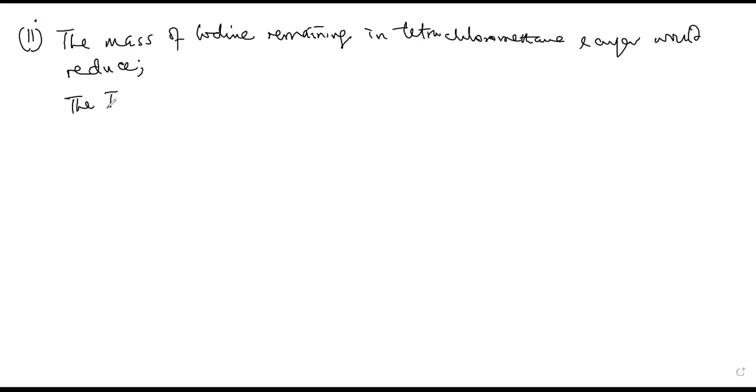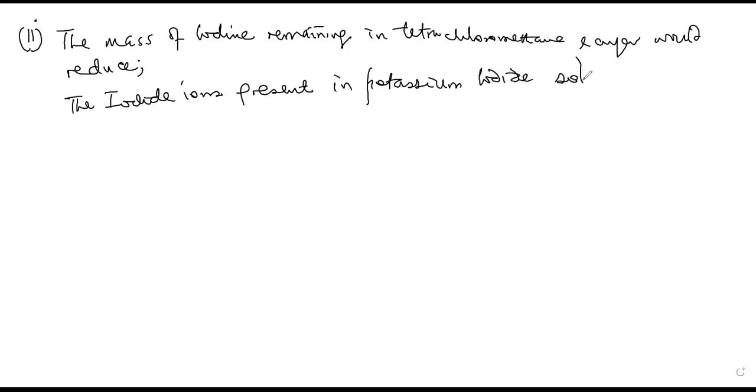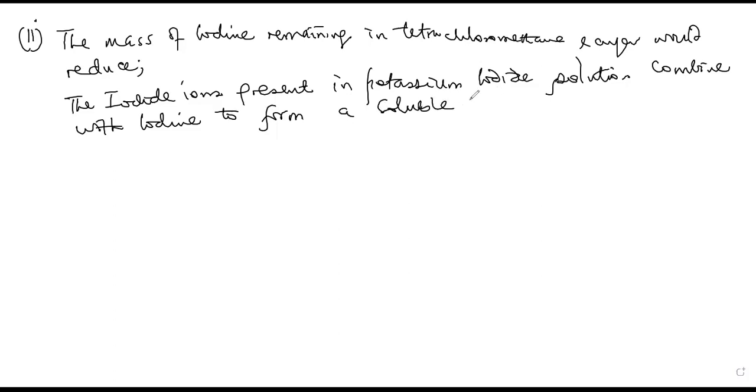So the iodide ions present in the potassium iodide solution combine with iodine to form a soluble complex.